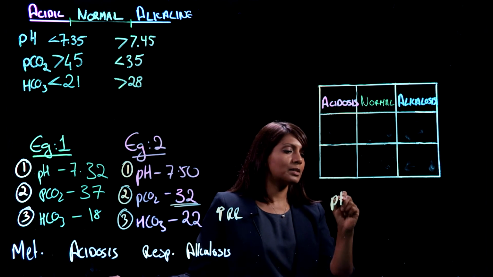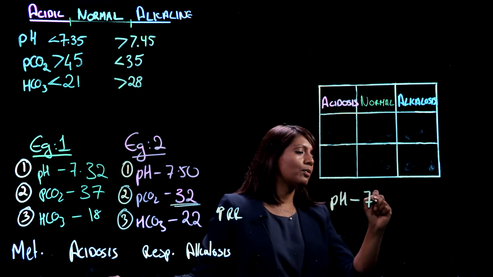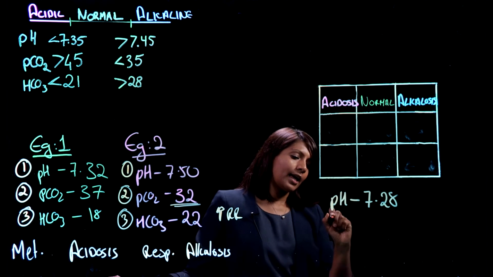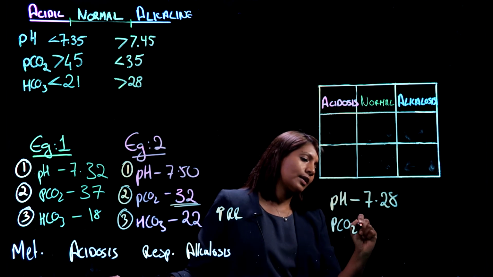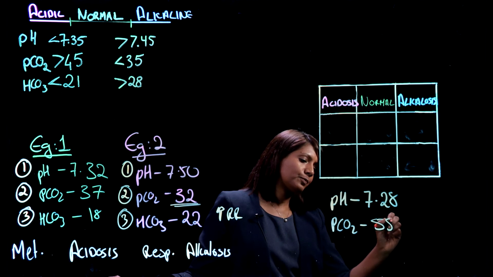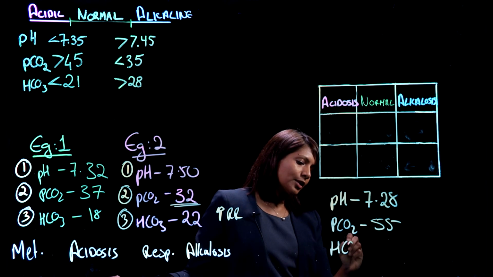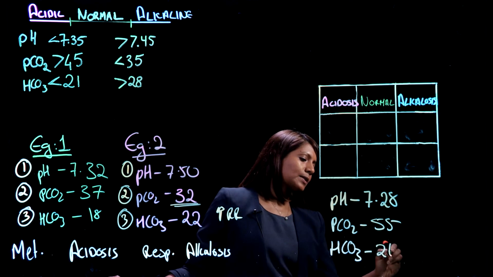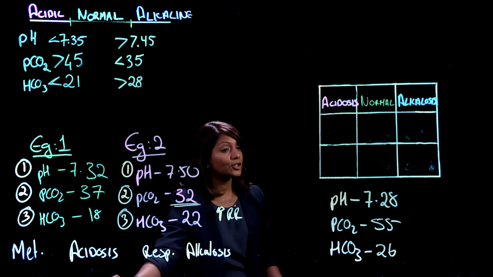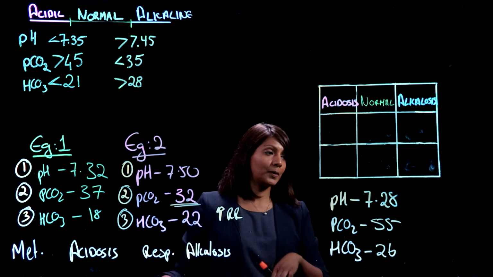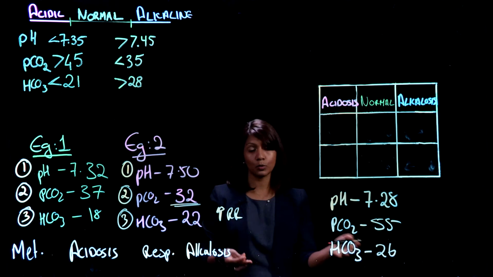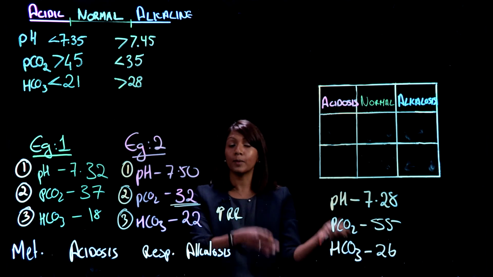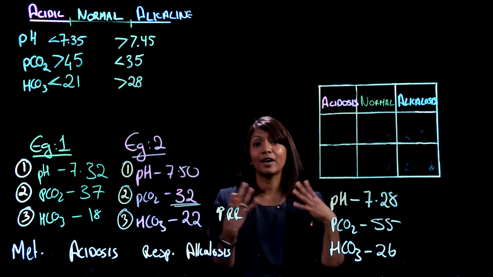The pH of this particular client is 7.28, PCO2 is 55, and HCO3 is 26. Remember, this client has come in with COPD, and we've done a blood gas, and this is what the values look like. So we've got the arterial blood gas values. Now we've got to analyze them.